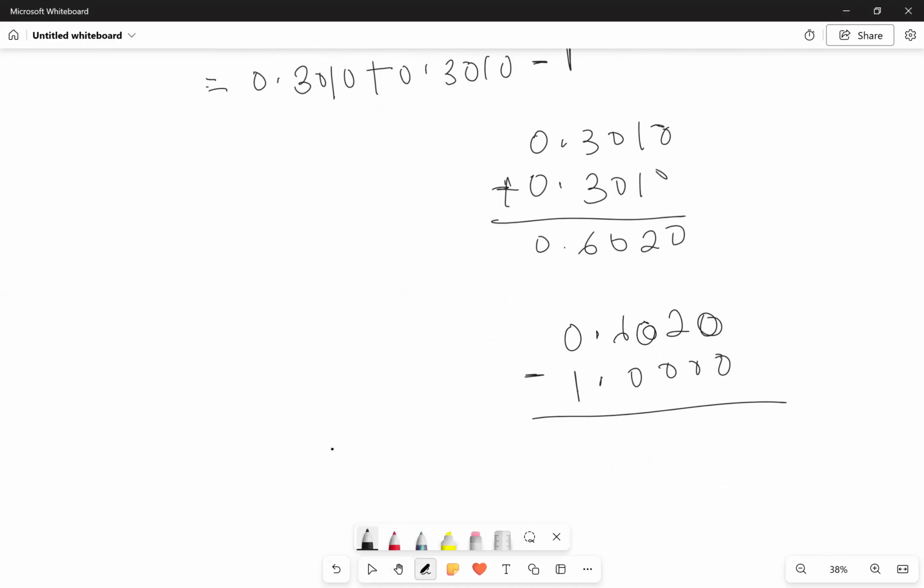So I'll get 0.6020 point. Watch closely. 0 minus 1 is what? It's negative 1.